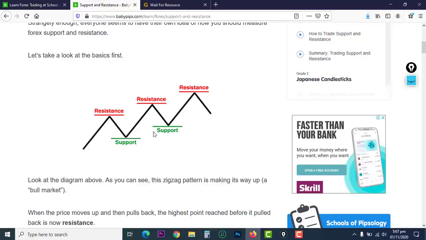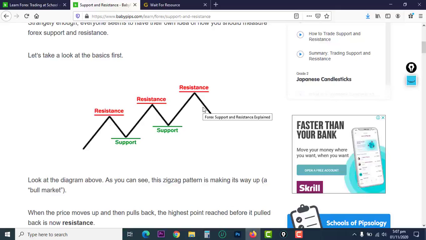Because more buyers stepped into the market and executed more buy orders. And what happened? Prices went back up, higher than these two previous highs. And here again, sellers came into the market, executed more sell orders, and price fell back down at this point. So basically what is going on here, we see up, down, up, down, up, down.